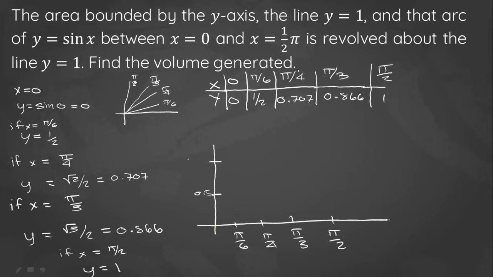Now, from the question, it has a line that is y is equal to 1. So we have here y is equal to 1. And it is bounded by x is equal to 0, and x is equal to pi halves.